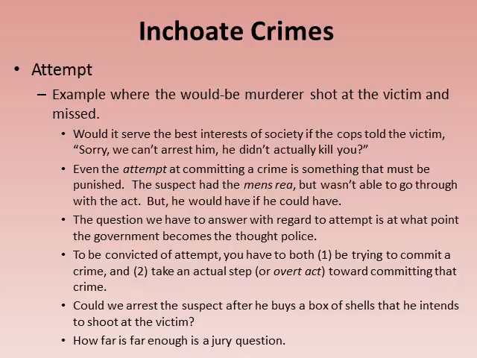And actually, this is just going to become a jury question at trial. We'll let the jury decide: was there really enough of an action to punish this person, or were they still in the process of just sitting around thinking evil thoughts about someone? Or did they actually take enough of an action to do that? Is looking up different types of guns on the internet enough of an action? So sometimes it can get to be kind of a gray area. So that can become a jury question.